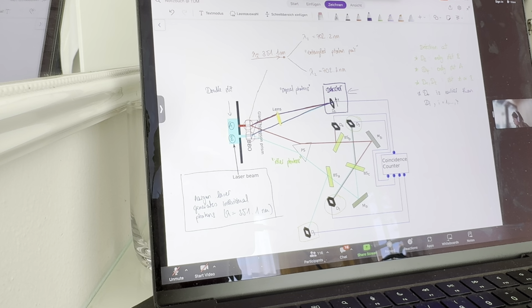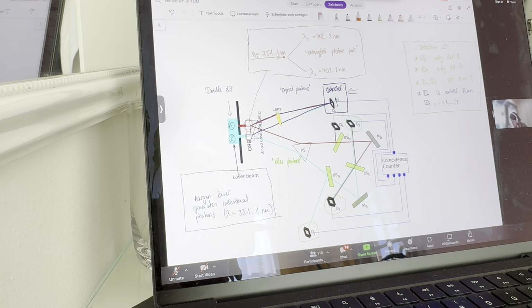This is just due to the shorter path of the signal photons in comparison to the idler photons. And since each idler photon is entangled to one signal photon, because this is what happens here, right? This is what I explained here at the very beginning. We produce out of one source photon an entangled pair of photons. Each pair of photons is split into one signal photon and one idler photon.